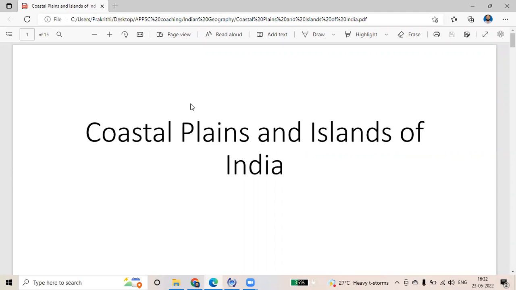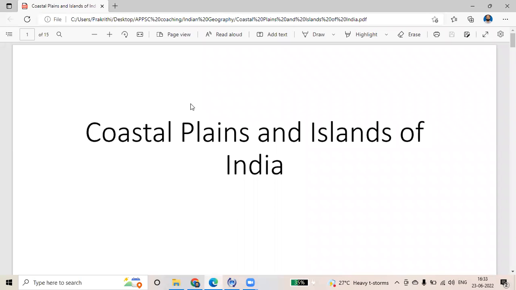So we have a peninsular India, which is surrounded by 2 seas and 1 ocean. On the western side, it is the Arabian Sea. On the eastern side, it is the Bay of Bengal. And in the southern part, we say it is the Indian Ocean.